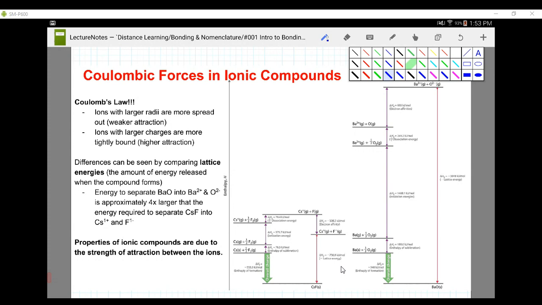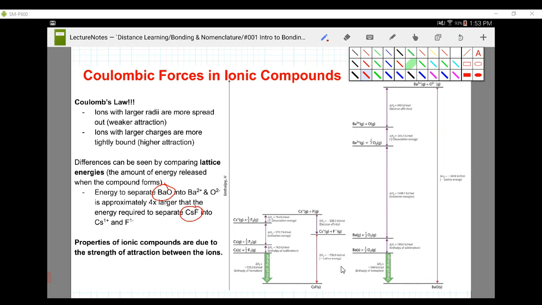And that's going to play a lot into unique properties for ionic compounds compared to something like water or other covalent compounds. Now, there's a lot going on in this diagram, but really what I'm trying to focus on here is that it shows how much energy is needed to separate the two ions in barium oxide and cesium fluoride.